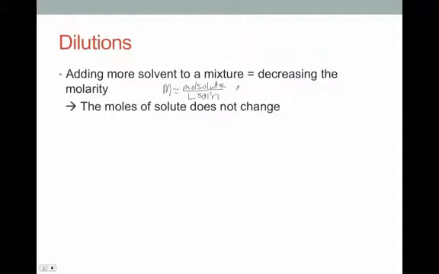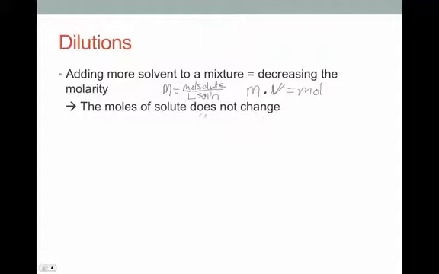So, if we solve this out for moles, that means that our molarity times our volume, because liters is a measure of volume, is equal to our moles. So we're going to use that concept, that moles is equal to molarity times volume, to figure out the new concentration after we add water.